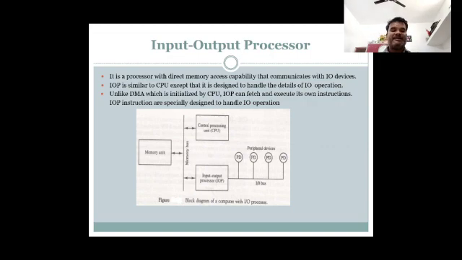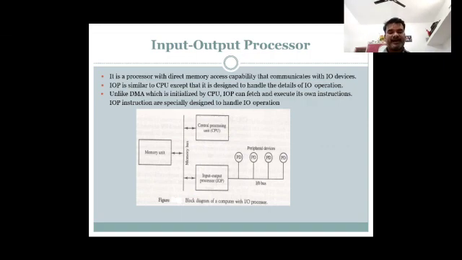Unlike DMA, which is initiated by CPU, input output processor can fetch and execute its own instructions. Input output instructions are specially designed to handle input output operation.